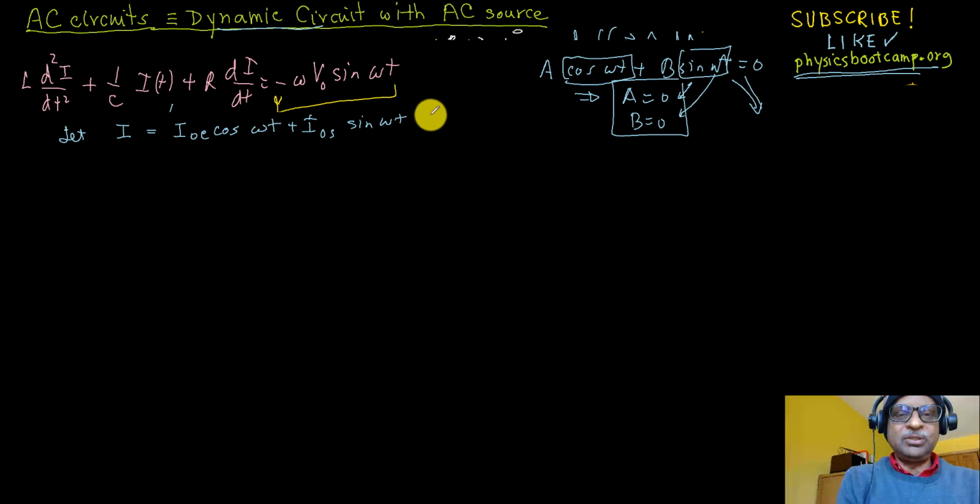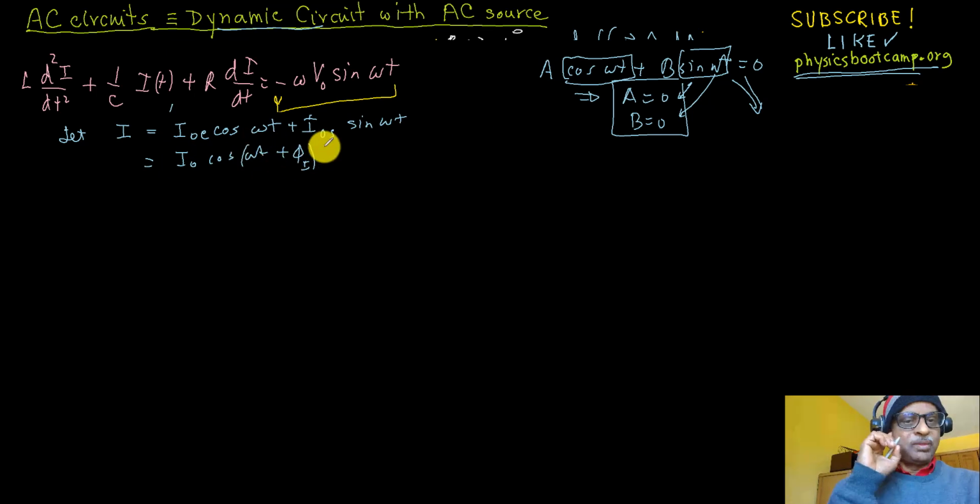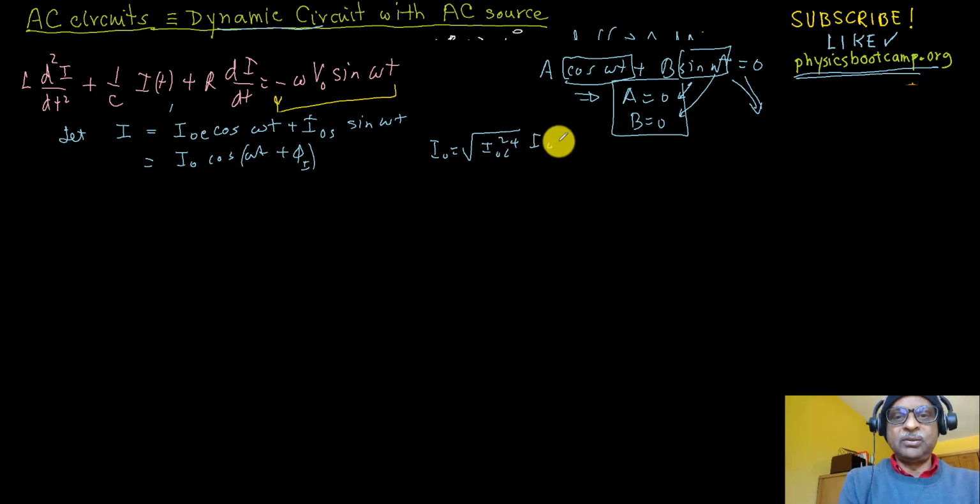From there you can see that if this was I0 cosine of omega t plus phi I, then I0 will simply be equal to the square root of I0c squared plus I0s squared, right? And then phi I will be related to this guy and this guy.